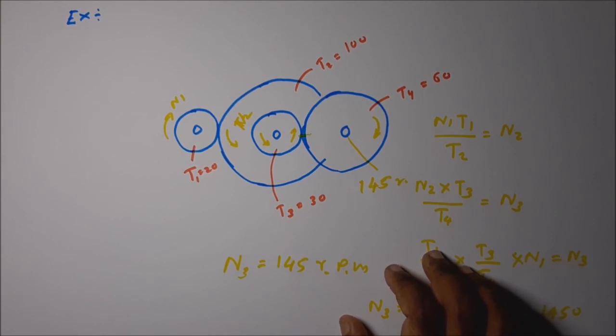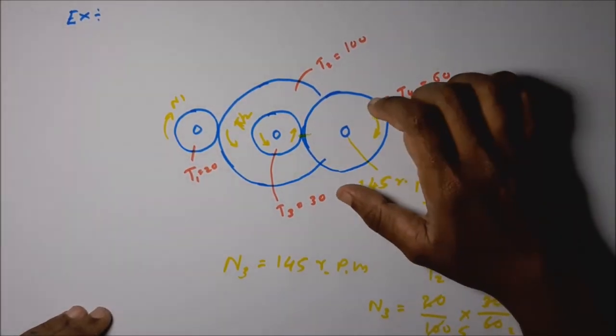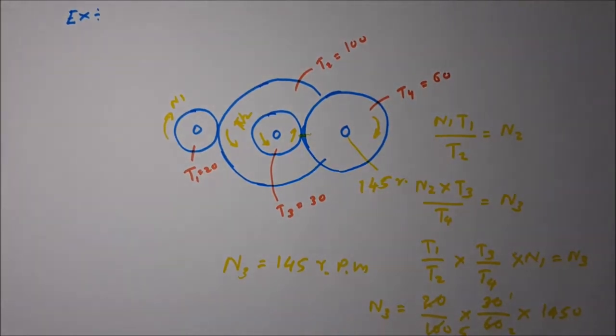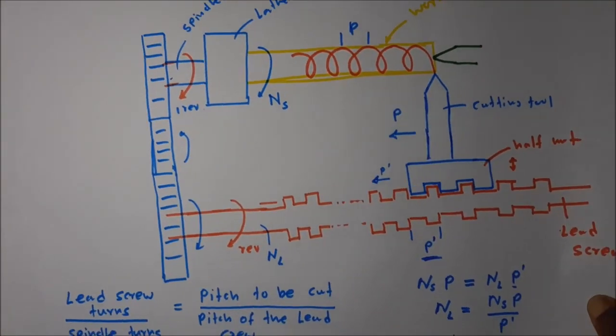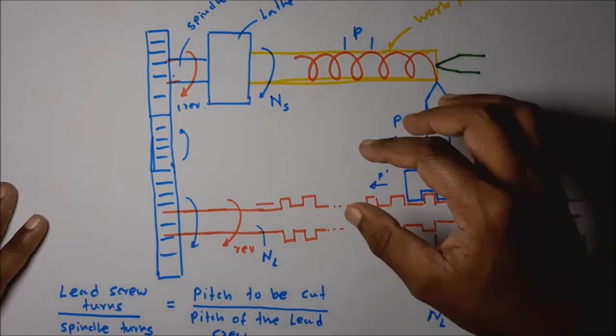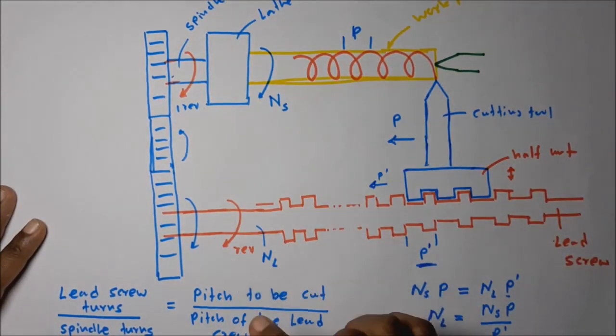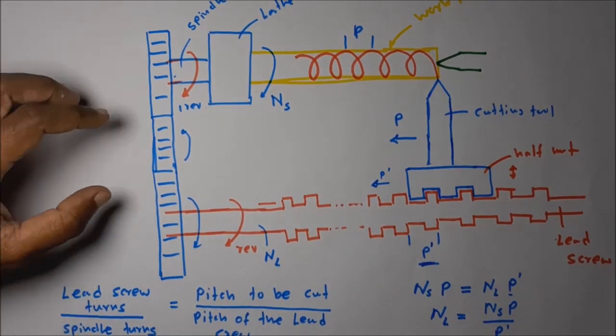Okay, so far we have discussed the simple gear train and the compound gear train, because when designing a gear train to cut a certain pitch value, that means the spindle rotation and the lead screw rotation are interconnected using the gear train.